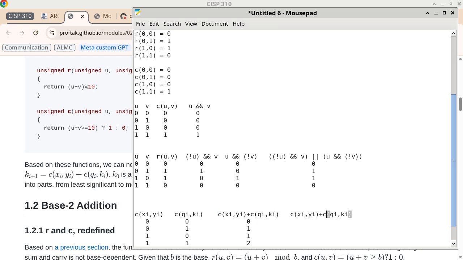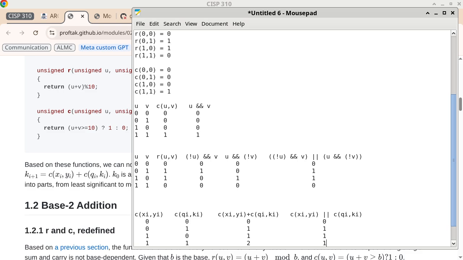Because if we turn the arithmetic addition to a logical OR, then we have almost the entire solution, because the first, the second, and the third row will all work out. Unfortunately, the last row is not going to work out, because if both C of XIYI and C of QIKI can both be ones, then I cannot use disjunction to replace the addition.